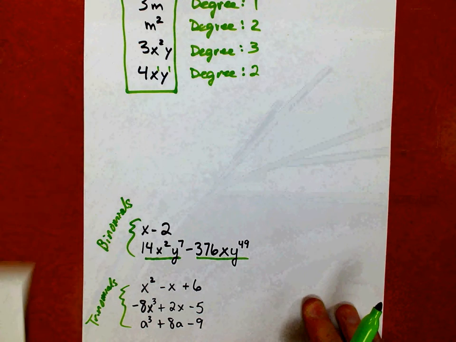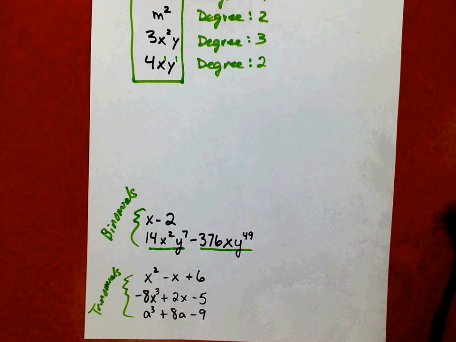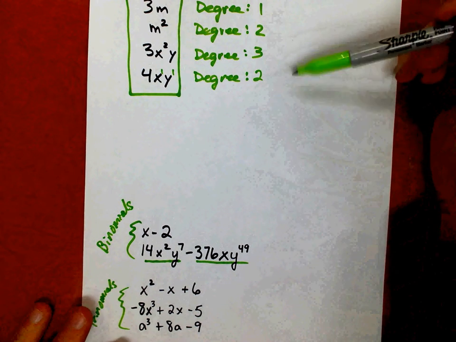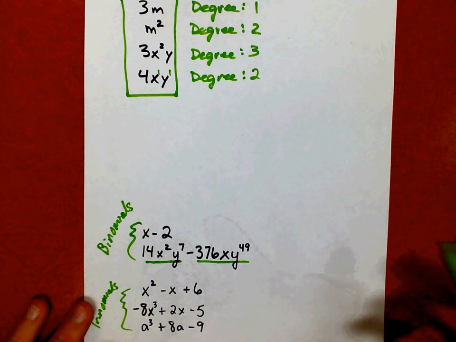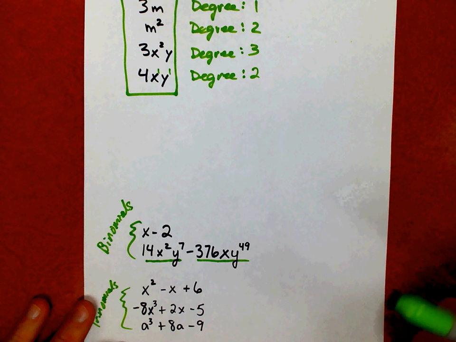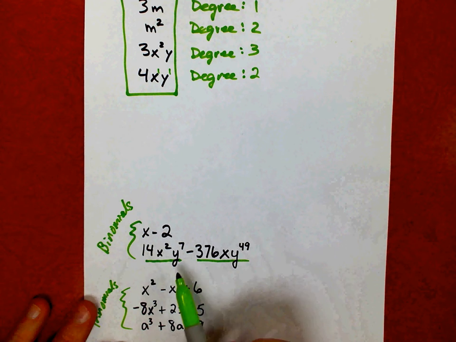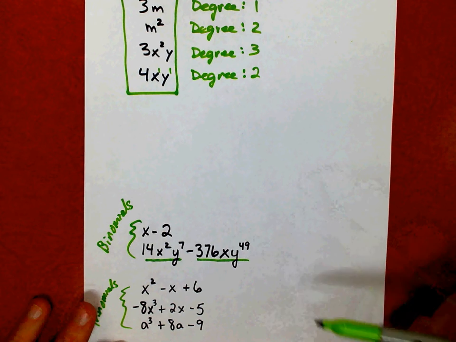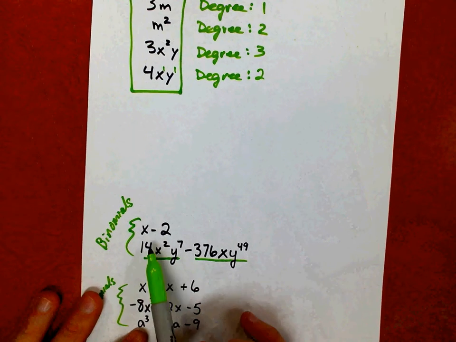So let's take a look at the degree of a polynomial other than a monomial, which you've already discussed previously. If you're looking at a binomial, it might be difficult sometimes because you've got more than one term to choose from. The degree of any polynomial can be found by taking the degree of its largest term.